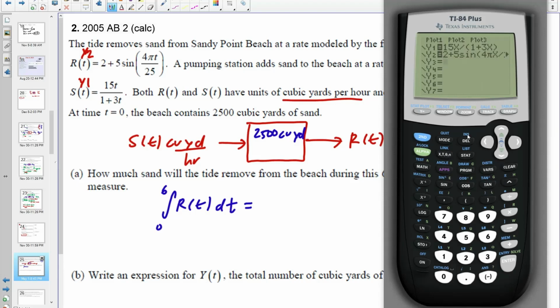Then I'm going to do part A, which is math 9 from 0 to 6. Okay, R is my y2, so I'm going to put y2 right in there.